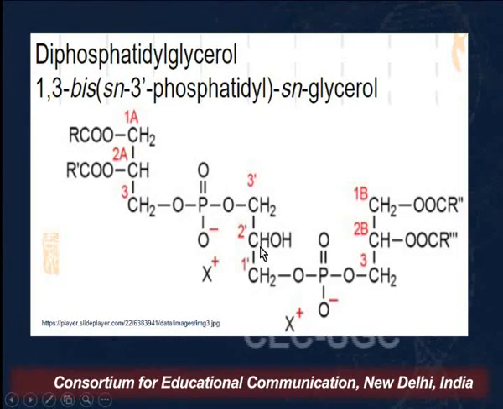In this case you don't have to do much, but supposing we were rotating here, in the first case you take this molecule as such, that is 1, 2 and 3, and in the second case you flip the molecule, and when you flip the molecule, the phosphate group of the second moiety will come in front of the third carbon, and it will get 2 phosphoester bonds with the phosphatidyl group here and with the phosphatidyl group here.